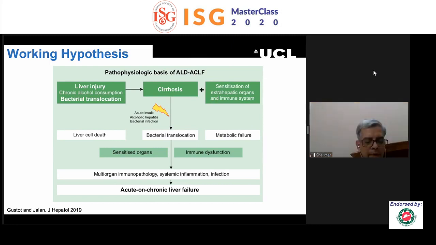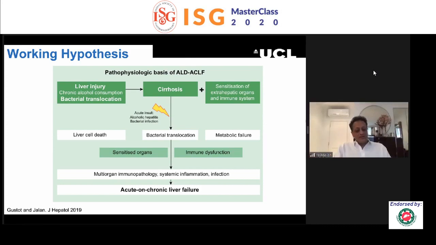Okay, Nipun from PGI Chandigarh has asked, how do you differentiate sterile inflammation from sepsis in acute and chronic liver failure? That's a really, really good question. Remember, I'll show you in the next slides that these patients have got a large amount of liver cell death going on.